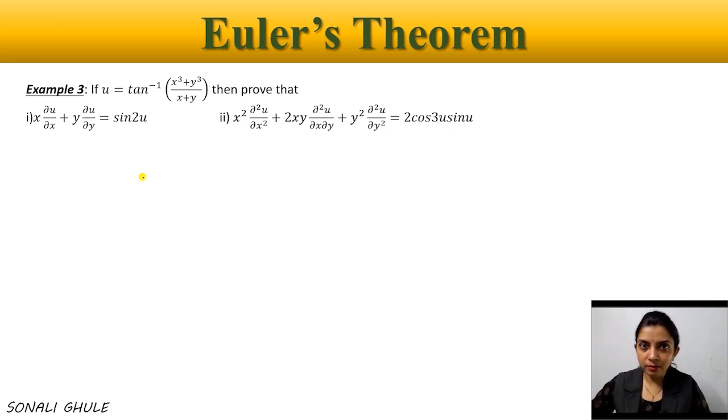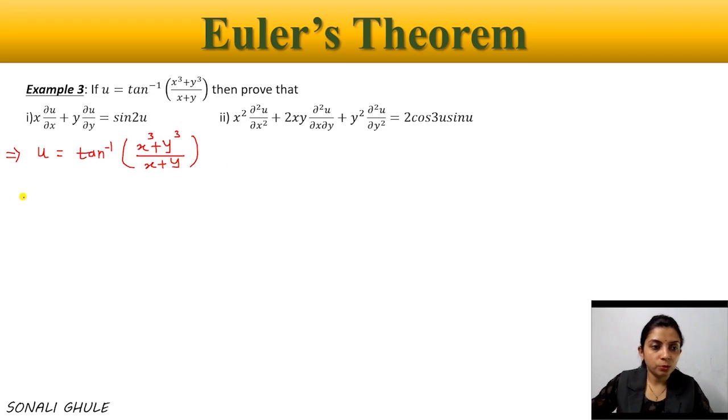So always remember, before solving an example, we always have to check whether the given function is homogeneous or not. And how are we going to check? Yes, we have to put x equal to xt and y equal to yt. So first of all, we have to write down our given function. What is it? u is equal to tan inverse of (x cube plus y cube upon x plus y).